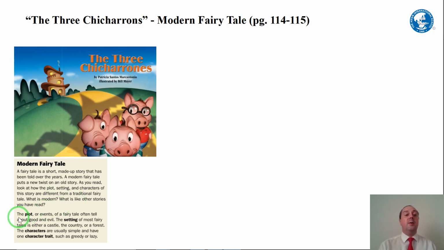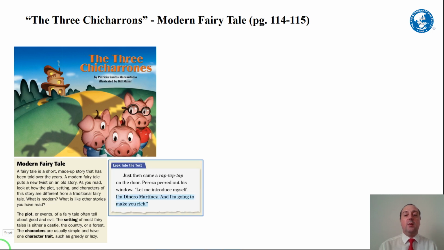Okay, so the plot or events of a fairy tale often tell about good and evil. The setting of most fairy tales is a castle, the country, or a forest. The characters are usually simple and have one character trait, such as greedy or lazy. So we will learn about these three chicharrones, or pigs, as we read the story.